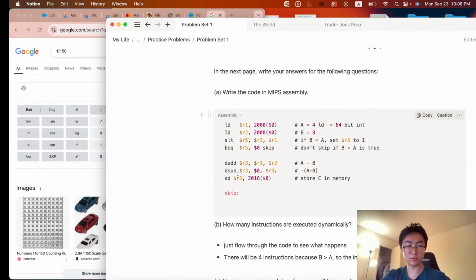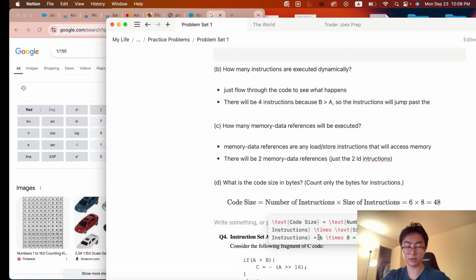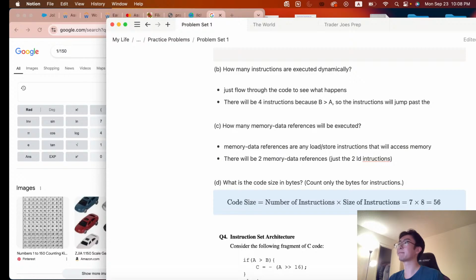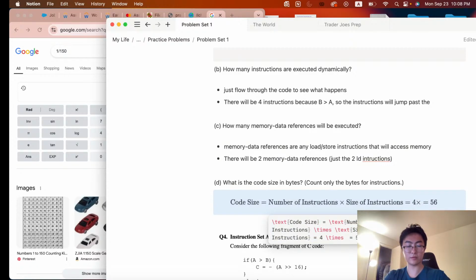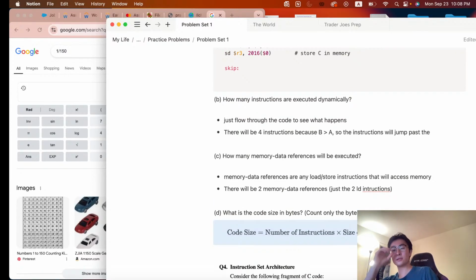So in this case, we have 1, 2, 3, 4, 5, 6, 7. So we have 7, not 8. Oh, sorry. 7 times 4, which is 28, right? 7 instructions, each instruction is 4 bytes.